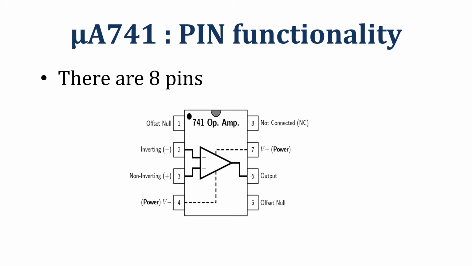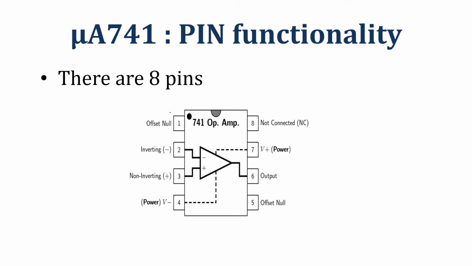So let's discuss the pin functionality of the 741 IC. This particular IC has 8 pins. Whenever we start reading the pins, we have to start with the first pin, and please remember this particular symbol for the top of the IC; this dot gives you the start of the pins.